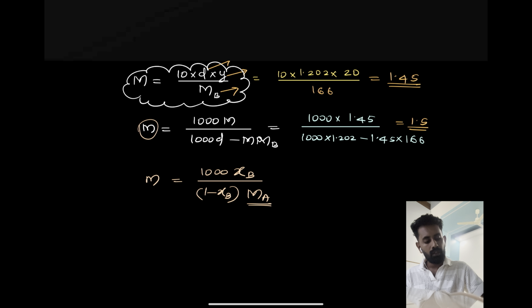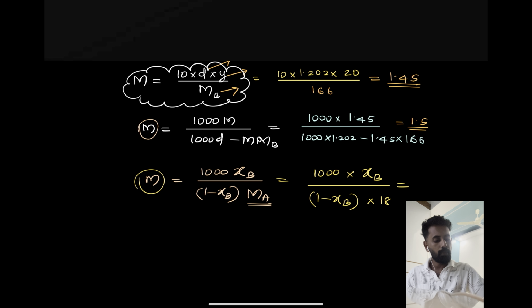On substituting, 1000 into chi B, which we don't know, divided by (1 minus chi B) into molecular mass of solvent, that is 18, will equal the molality, which is 1.5. After solving, you will get chi B as 0.26 approximately. That's it.